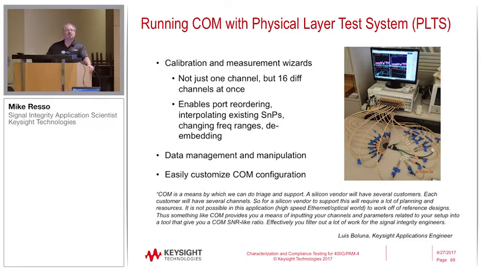You can do all types of de-embedding, including automatic fixture removal. So there are all of these benefits that go along with measuring S parameters that you can utilize on the way of doing your COM characterization. So really the data management and manipulation is a huge help when you've got some software to help you out.